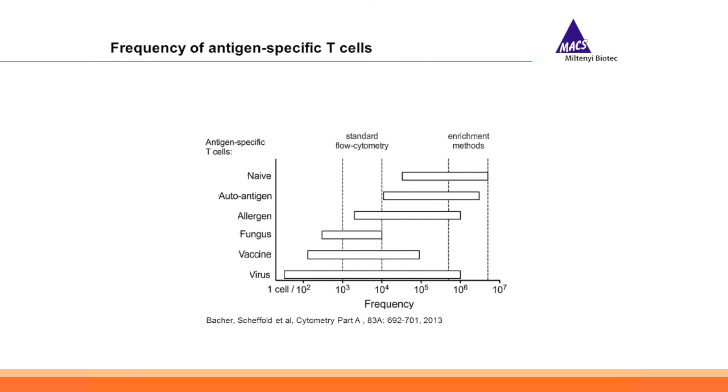And for a virus, it depends very much on the virus, chronic, acute infection, and so on. It can be really frequent, like 1 cell in 50 maybe, down to 1 cell in 1 million. So it's very hard to analyze these antigen-specific T cells because of these low frequencies and this wide variety of frequencies.